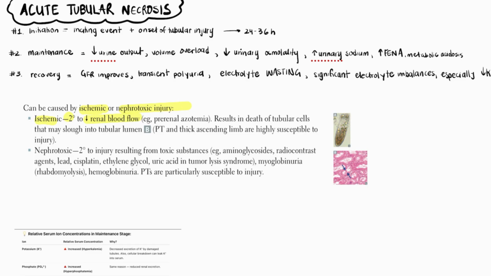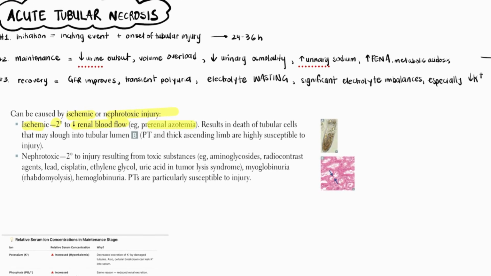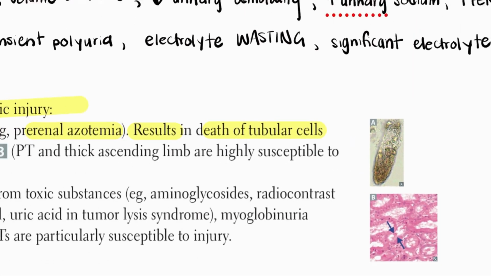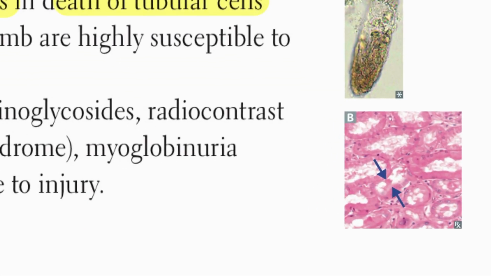Or it could be due to something like pre-renal azotemia, right? So lack of oxygen, and then it results in death of tubular cells that may slough off into the tubular lumen. So it shows up like this image right here.